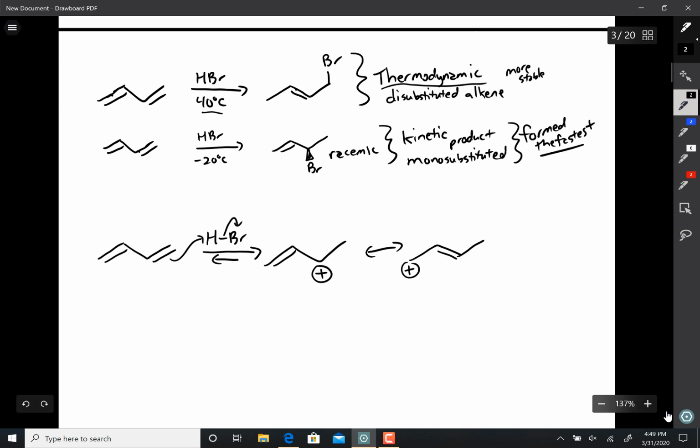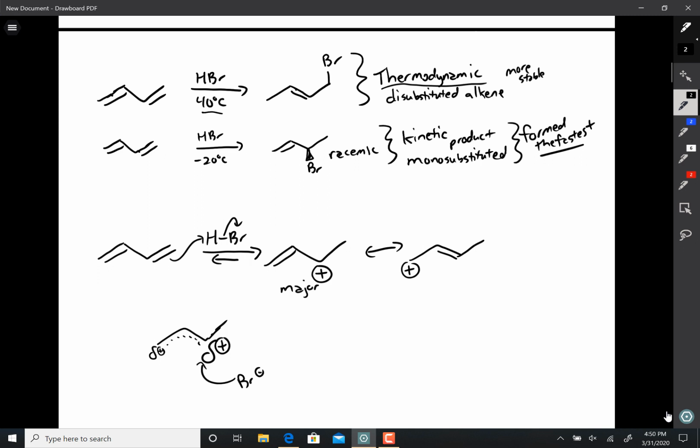The actual molecule is a weighted average of these. And since secondary carbocations are better than primary carbocations, this is the major resonance structure, meaning this has a much bigger delta positive than this does. Since this has a much bigger delta positive, that makes it more attractive for the bromide to add to that, lowering the barrier of that reaction.